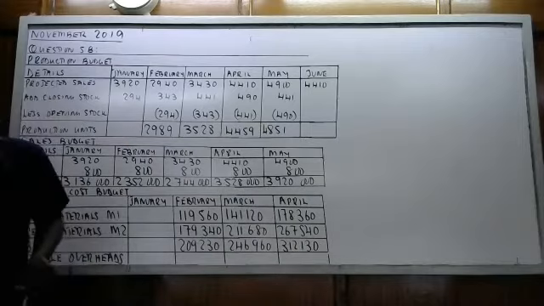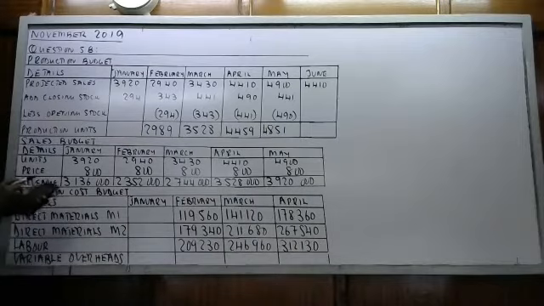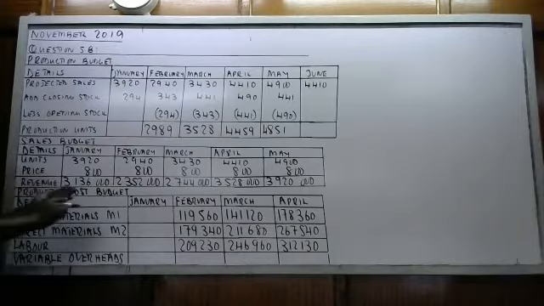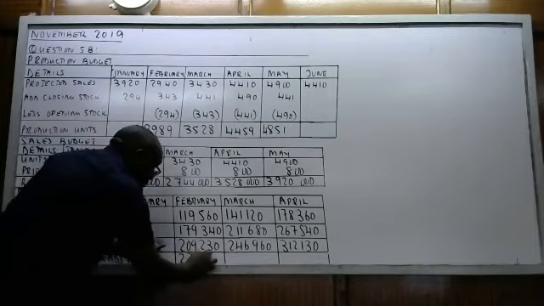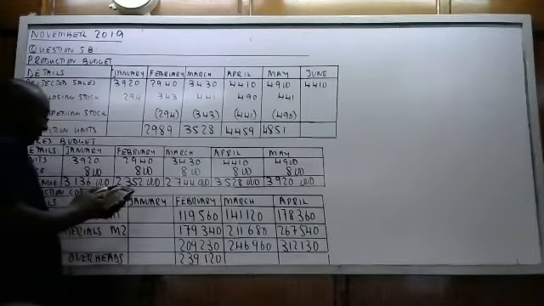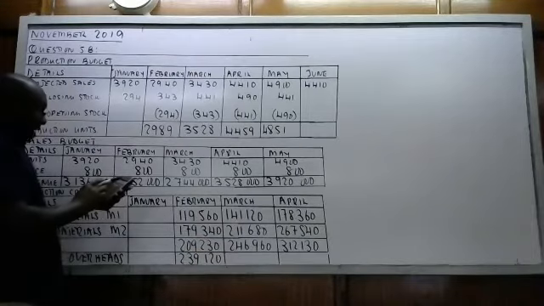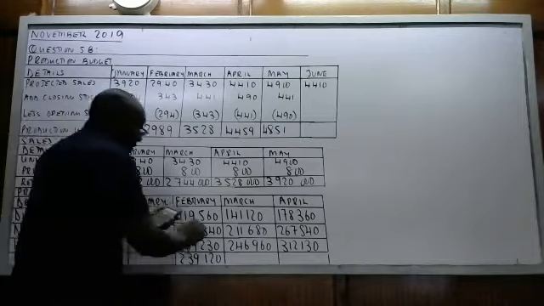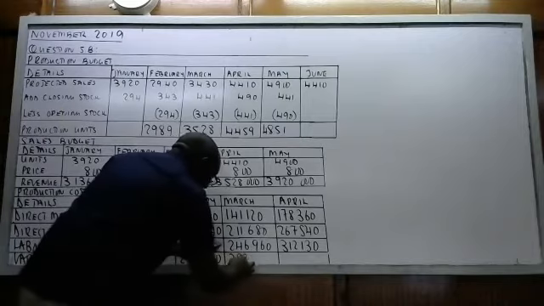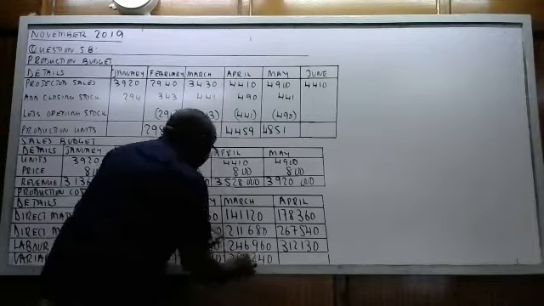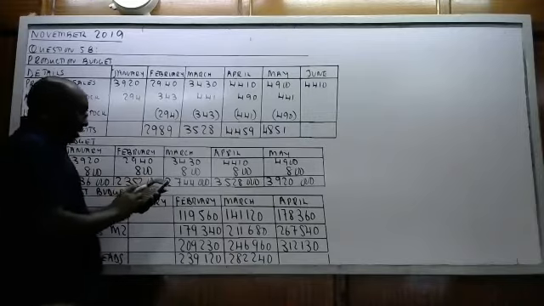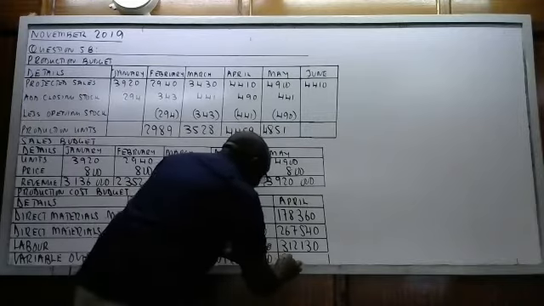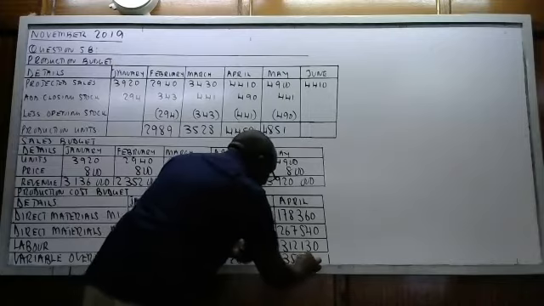Na huyu mwingine ni 80. So 2989 times 80 is 239,120. 3528 times 80 is 282,240. 4459 times 80 is 356,720.